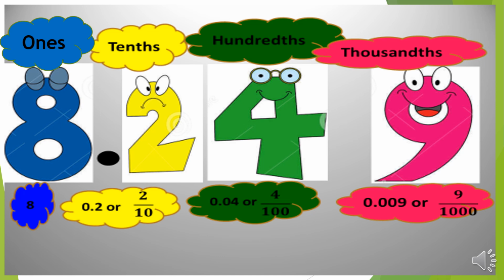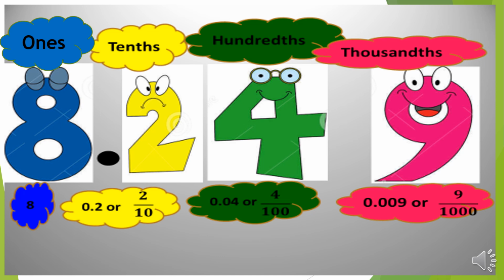Now let's move on to the places of the number. We said before that the left part represents the whole number and its places: ones, tens, hundreds, thousands, and so on as we know it. And the right part represents the decimal parts. For example, here we have 2 in the tenths place, 4 in the hundredths place and 9 in the thousandths place.